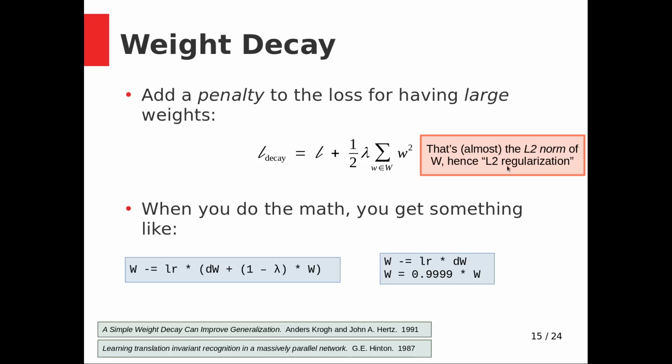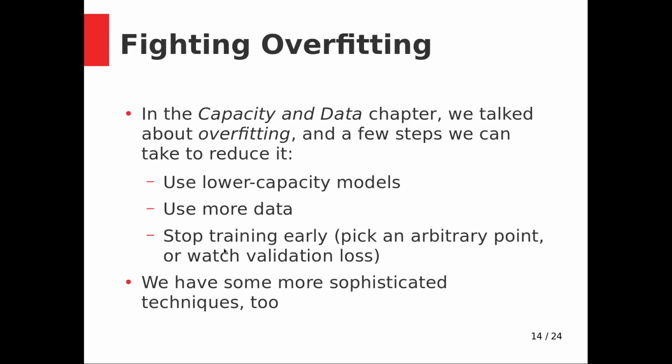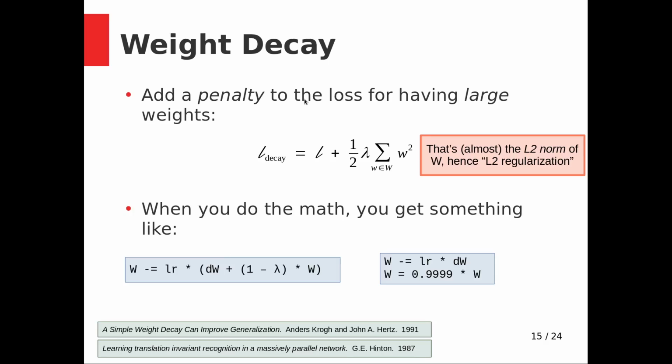But we also have some more sophisticated tools at our disposal, right? So a classic one is a thing called weight decay, right? Weight decay adds a penalty to the loss for having large weights. That looks like this, right? L is whatever loss we like.